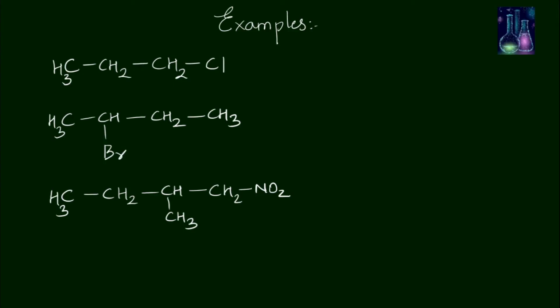Let's see some examples. In the first example, we have a molecule with 3 carbon atoms and a chlorine atom attached to it. Now, when you have 3 carbon atoms, the parent or root word becomes prop.